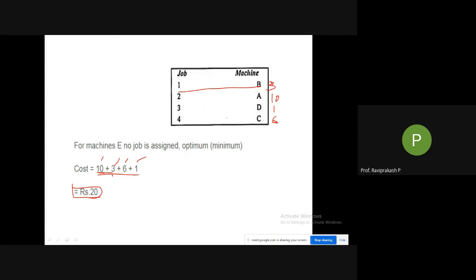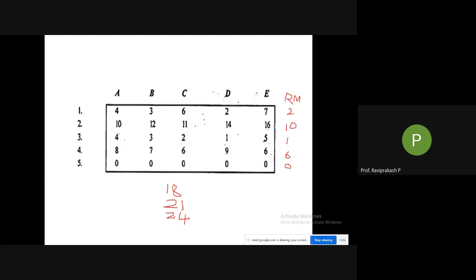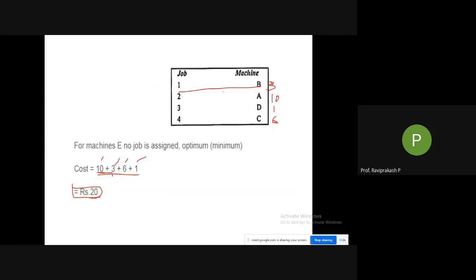Check once again where you have gone wrong. Note down this 1B, 2A, 3D, and 4C. And 5 you have already put, but you cannot give it to anyone because there are only 4 jobs and 5 machines. So one machine will be idle. Which one is idle?